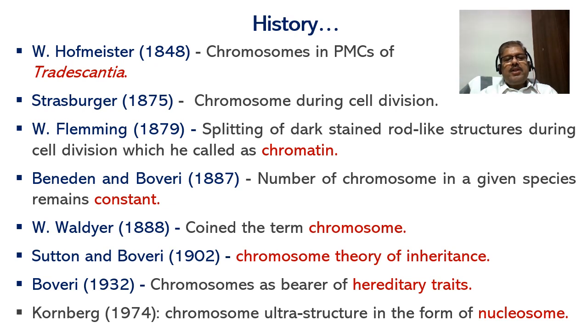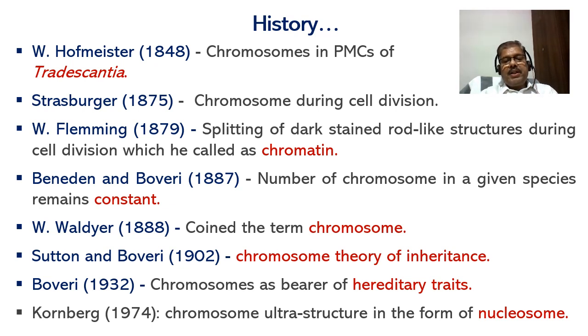Strasburger in 1875 discovered the chromosomes during cell division, and Flemming described the splitting of the dark stained rod-like structures during cell division, which later he called chromatin. Van Beneden and Boveri in 1887 discovered that the number of chromosomes in a given species remains constant. Waldeyer in 1888 coined the term chromosome.